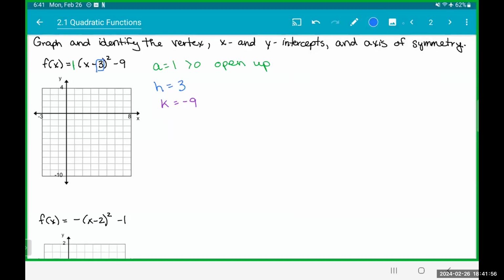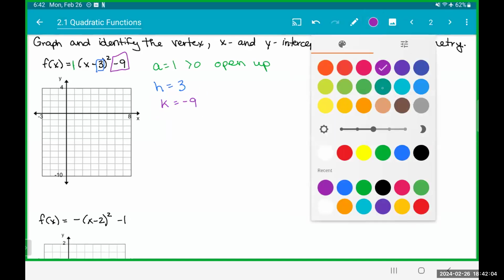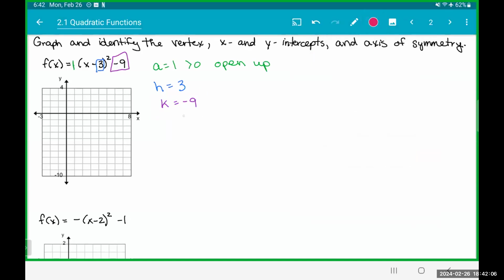That is my h, and that is my k, okay? So with all of that information, I know that my vertex is my h comma k, and my h is 3 and my k is negative 9. Okay, so I can come to positive 3.